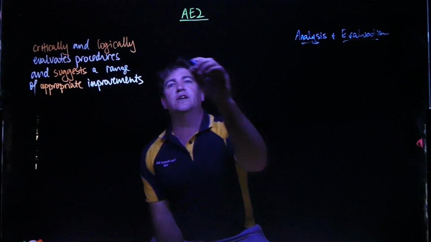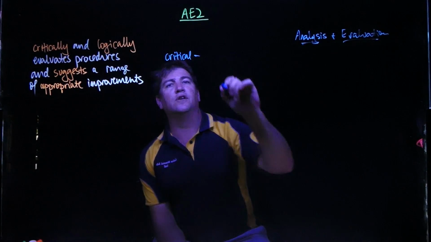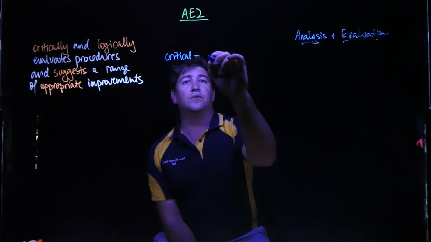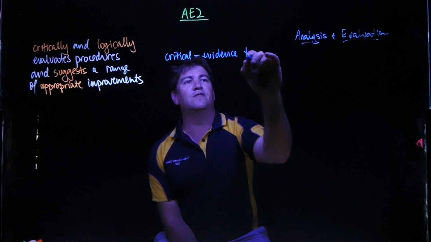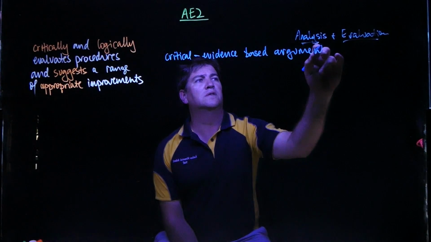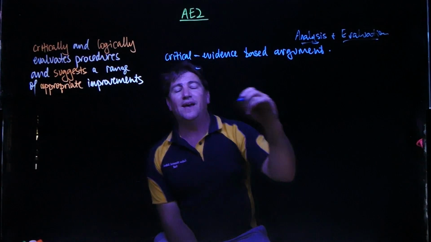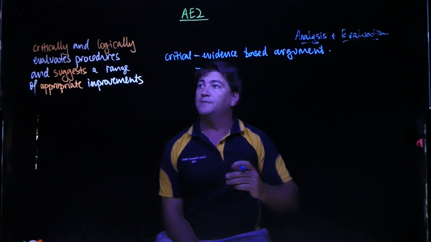So if we are critical and logical, so critical, once again, what you are doing is forming some sort of evidence-based argument. Okay, so what evidence is there for those types of errors, or for any errors whatsoever?